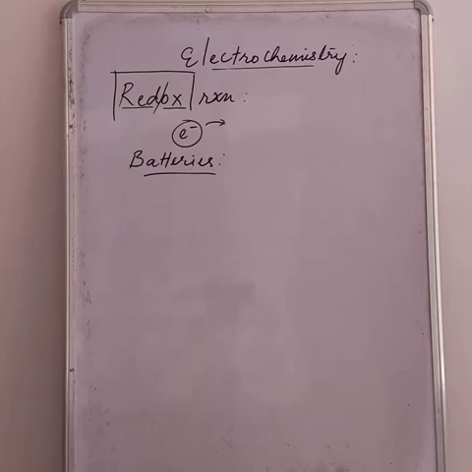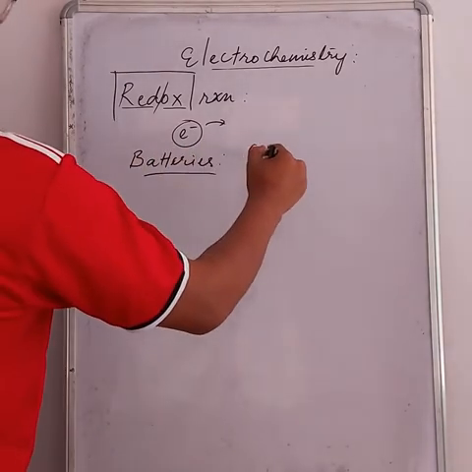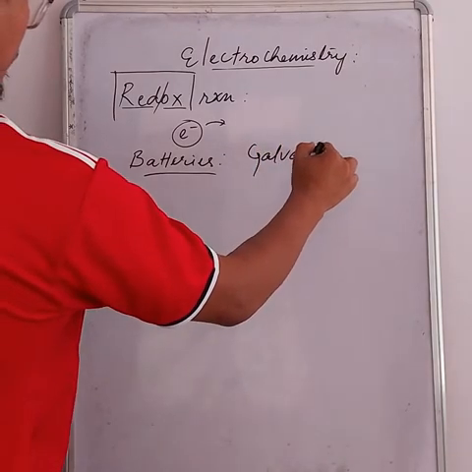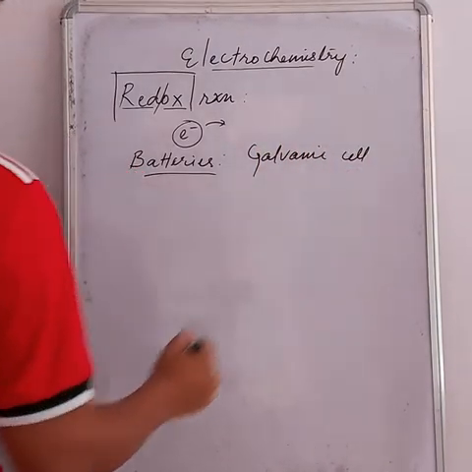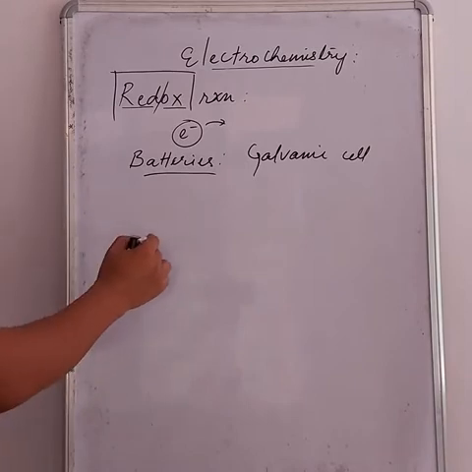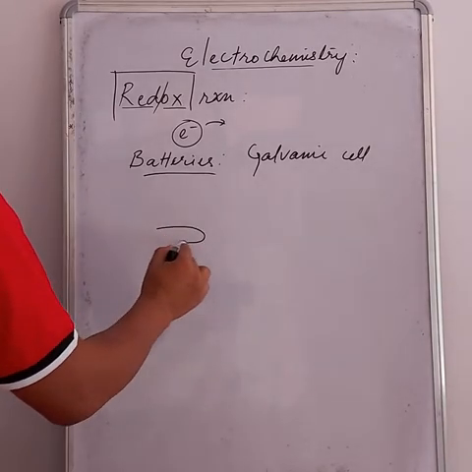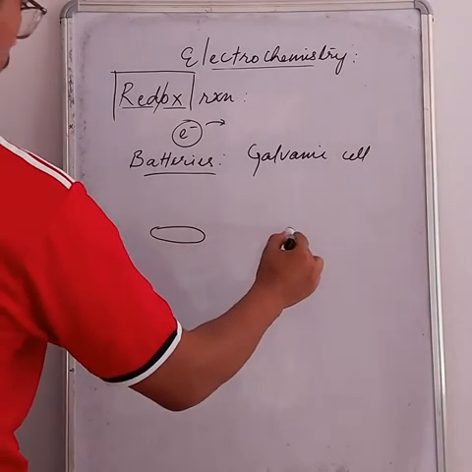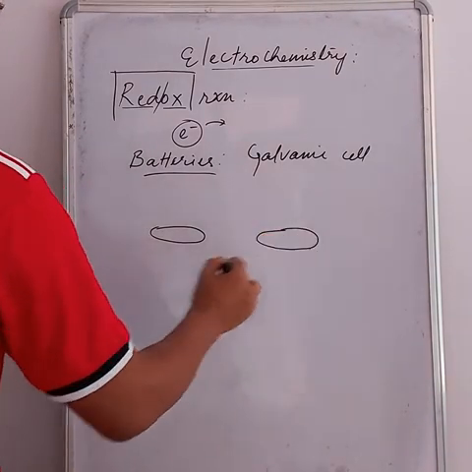So let's think about a typical battery, like a galvanic cell. Typically, a galvanic cell is where we have two figures.